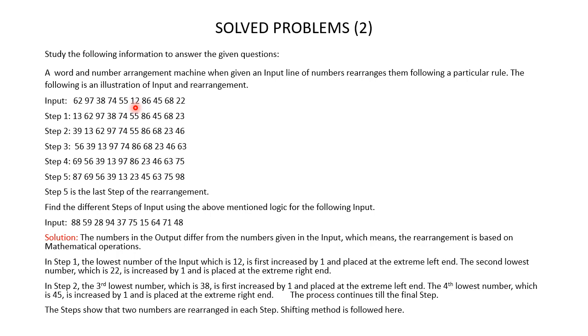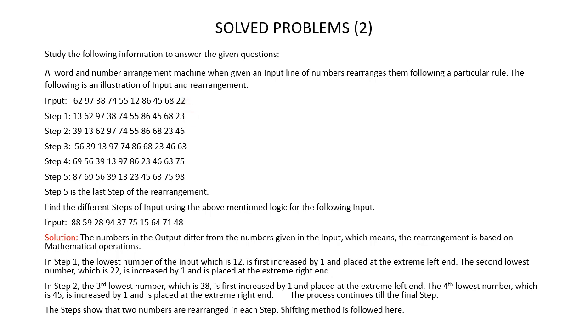It is increased by 1 to get 13, and 13 is placed at the extreme left end. 22 is the second lowest input number. It is increased by 1 to get 23, and 23 is placed at the extreme right end in step 1.